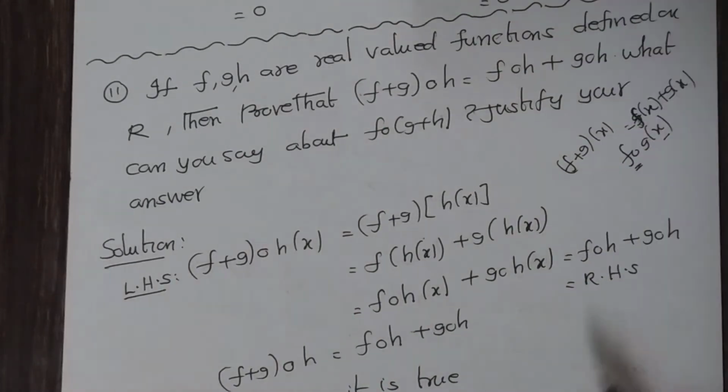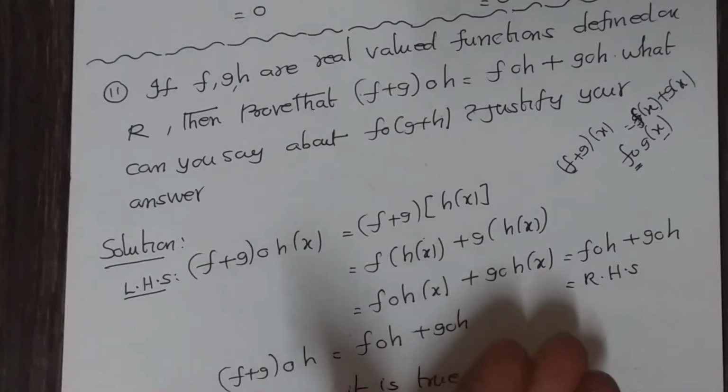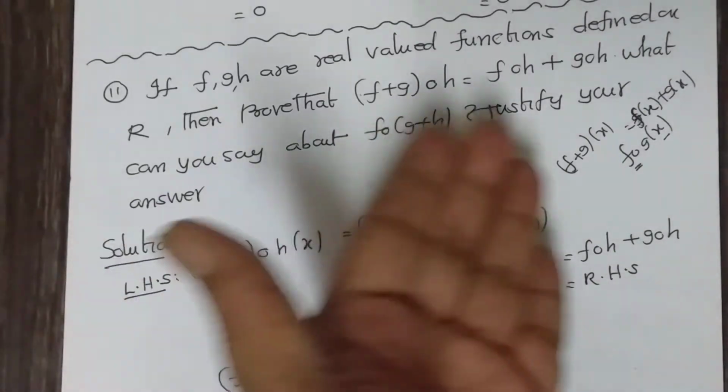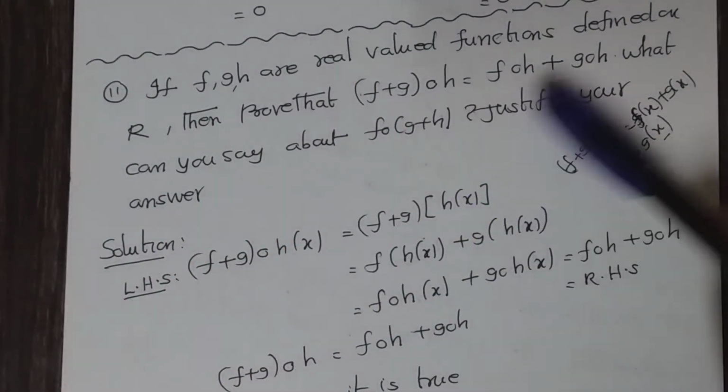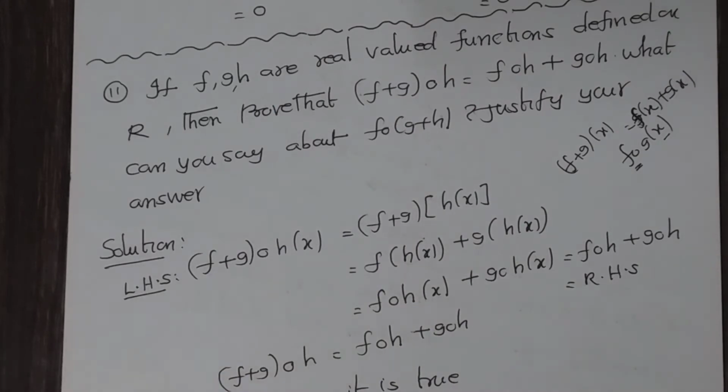So that is true. First part is very simple. (f plus g) of h of x, use the algebra of functions like f of x plus g of x. Then f of h of x is nothing but f circle h of x, and this is g circle h of x. So if you remove x on both sides, this is the answer. x you are taking as an input. So first part is proved.